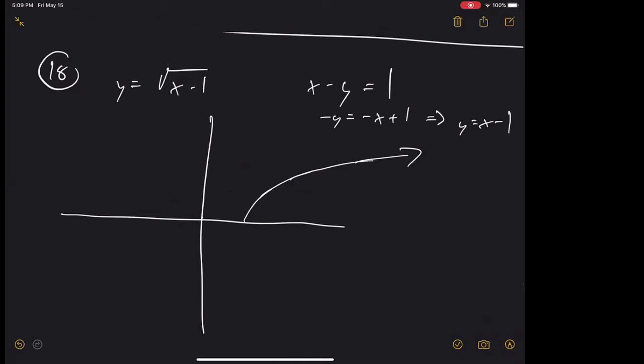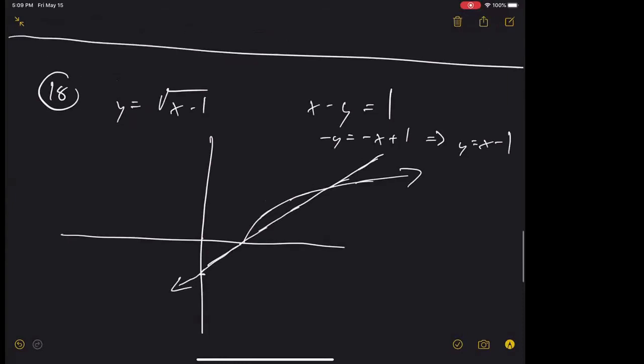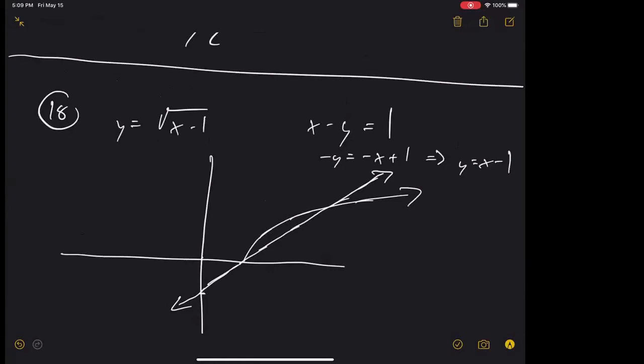That's just the line with slope 1 starting here. So it looks something like that. The region I'm looking for is this stuff in here.